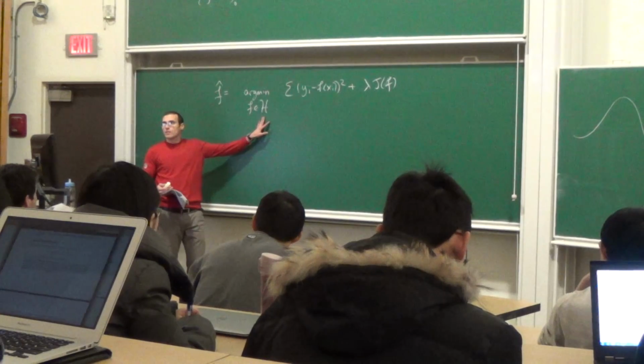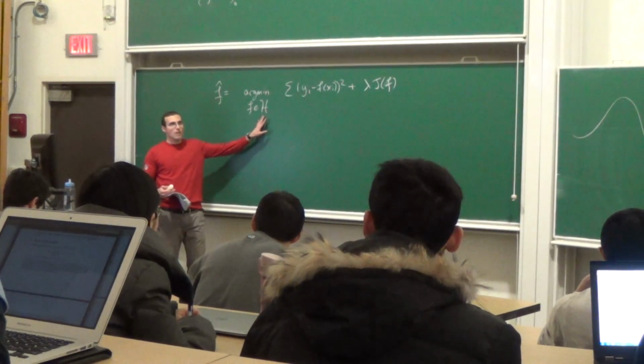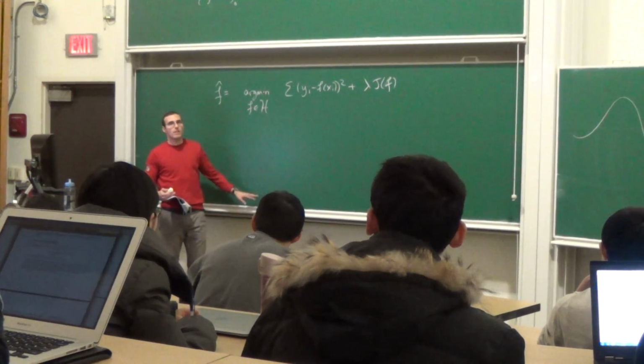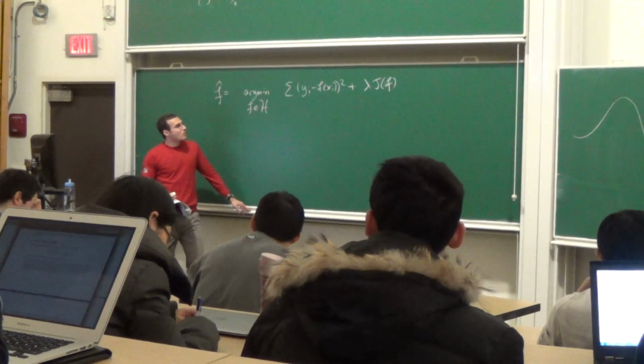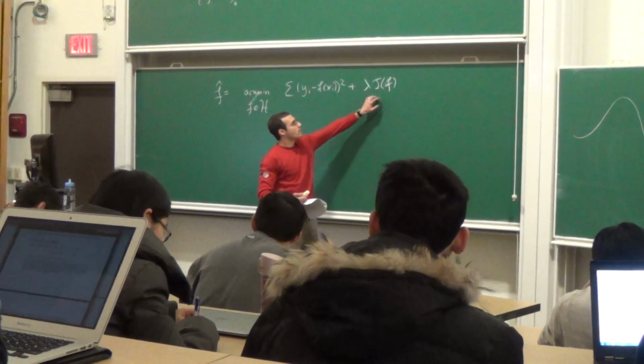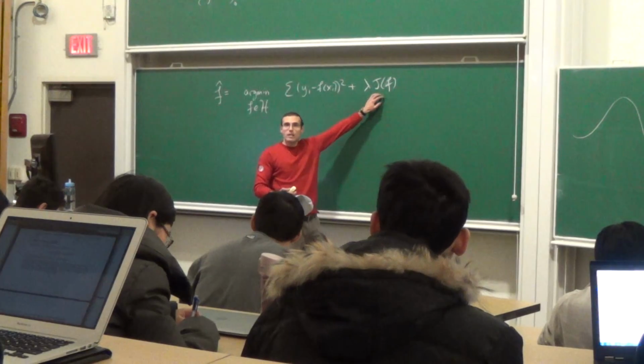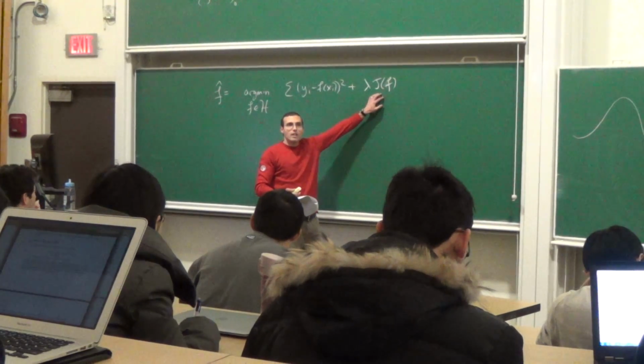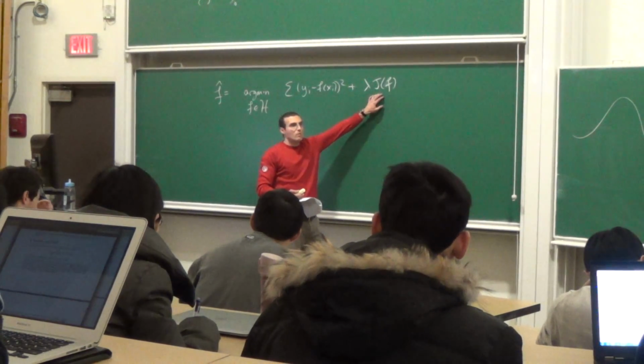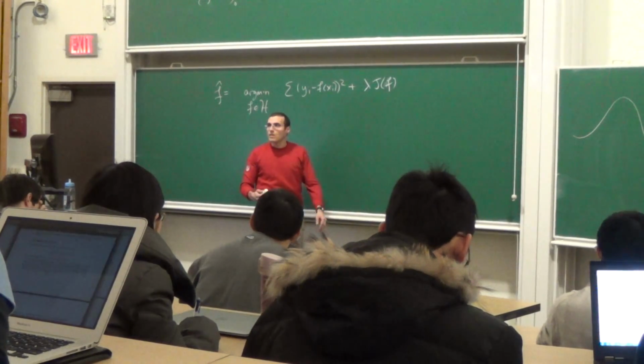We might imagine we have a basis for H. And J is a penalty, either a roughness penalty or a smoothness penalty, that penalizes undesirable behavior in the fitted function f.